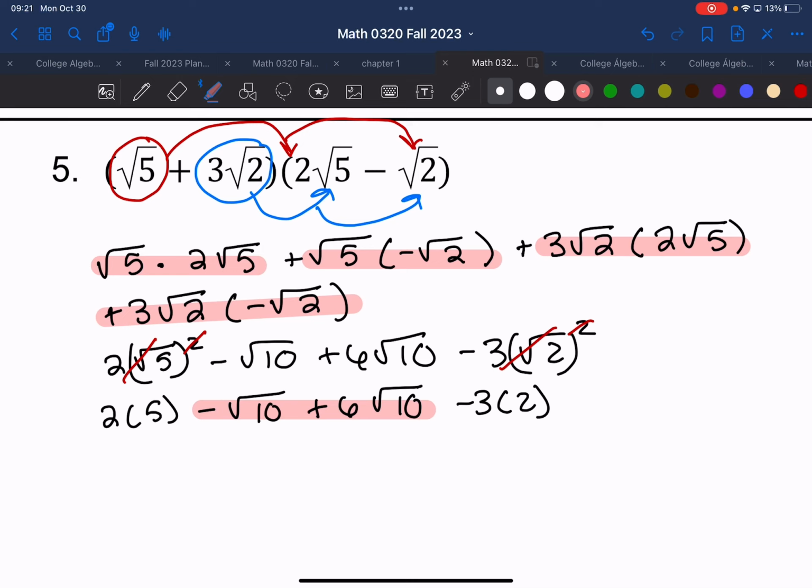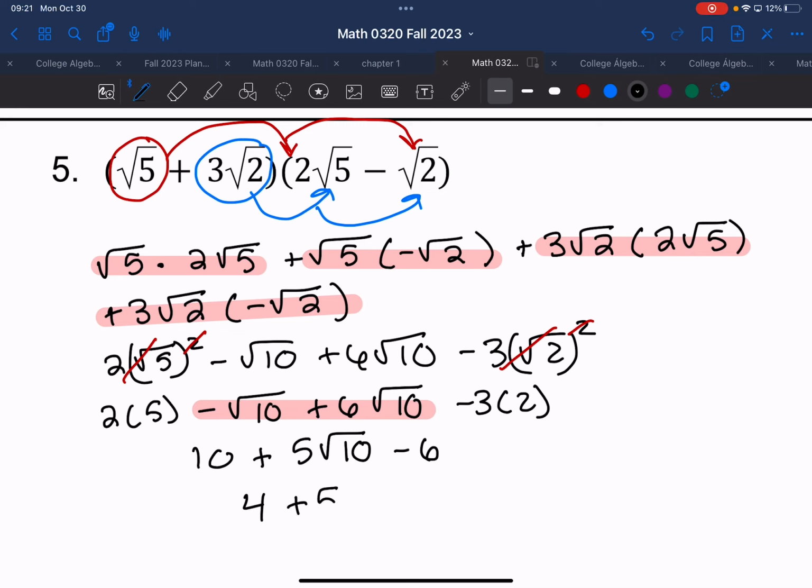Good, 5 square roots of 10, because we have negative 1 plus 6, which is 5. What about these outside numbers here? What's 2 times 5? 10. And what's negative 3 times 2? Negative 6. So then we can now combine 10 minus 6, which is 4, and then bring down that plus 5 square roots of 10.